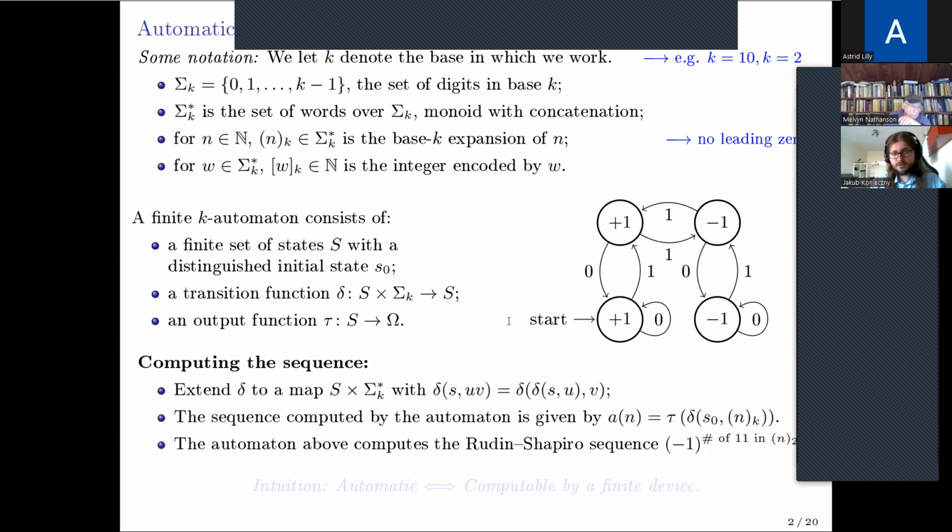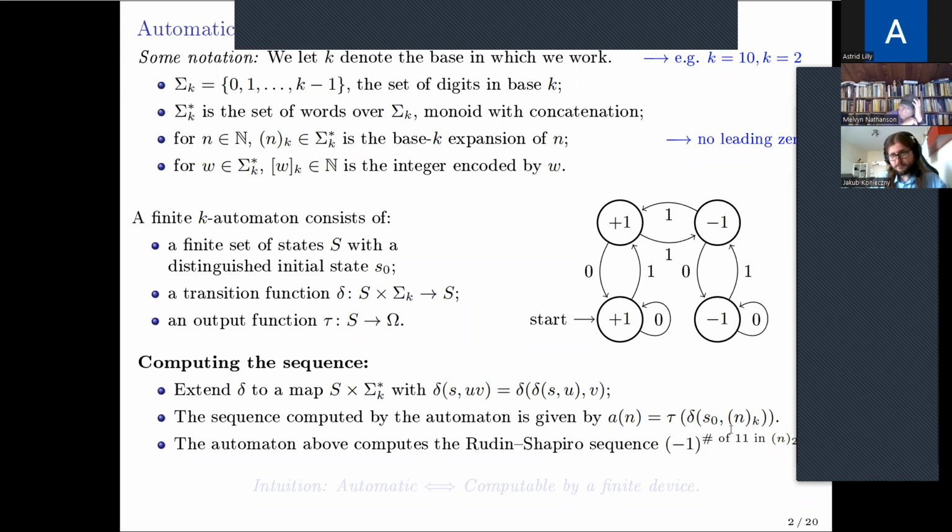Now, in order to use this to produce a sequence, we first extend the transition map to accept strings of digits by the rule that if you start at a state s and you read uv, then first follow the path encoded by u, and then follow the path encoded by v.